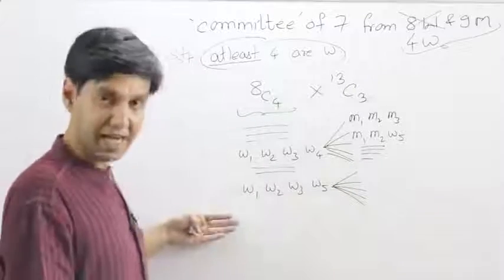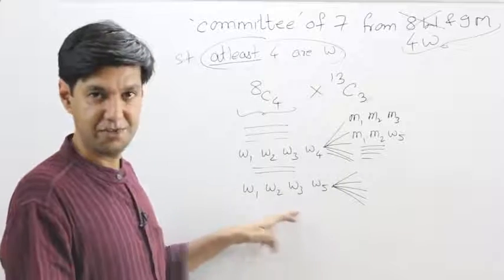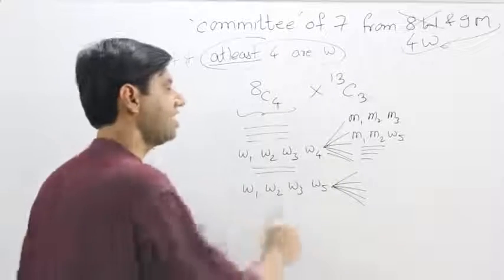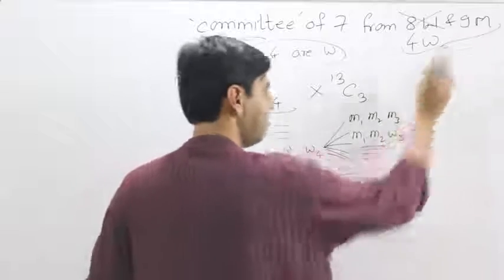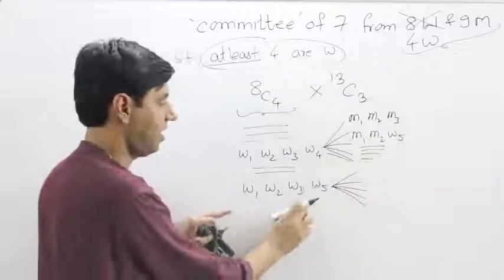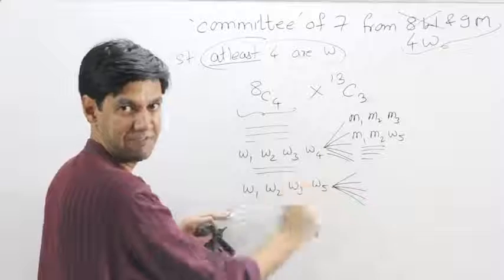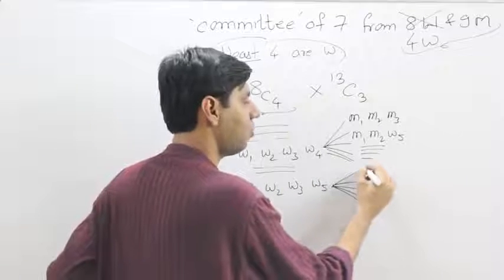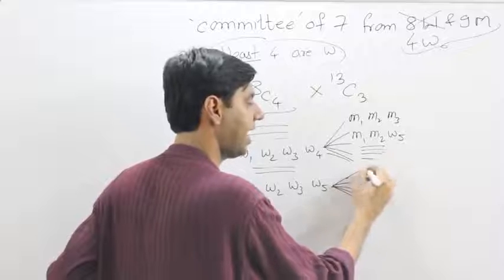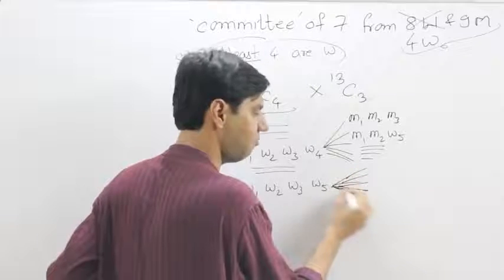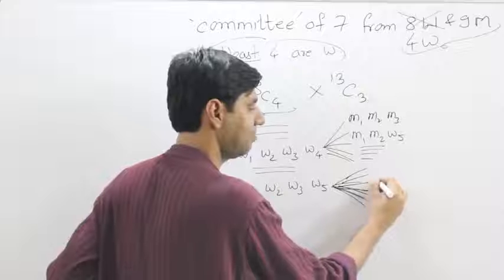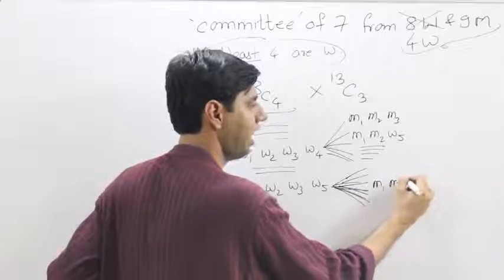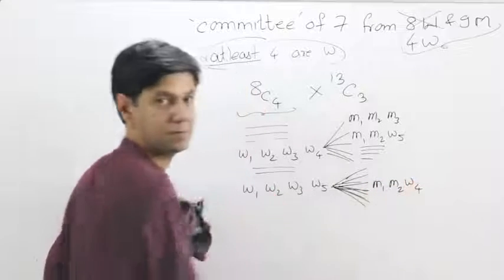For another case of the previous way, let's say the second case, again there are 13 people left, but the left people are different now. Woman 4 is left, 5 has come in. Could I select any 3 out of there? Possibly, there is definitely one way of selecting which says man 1, man 2 and woman 4.